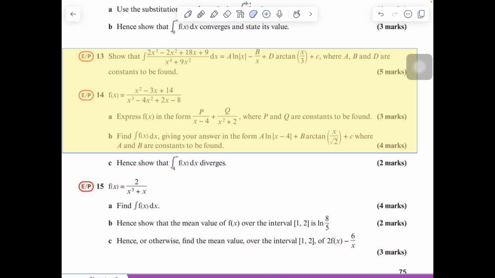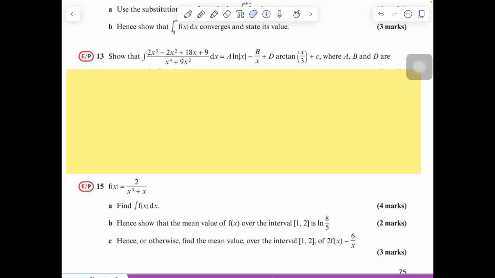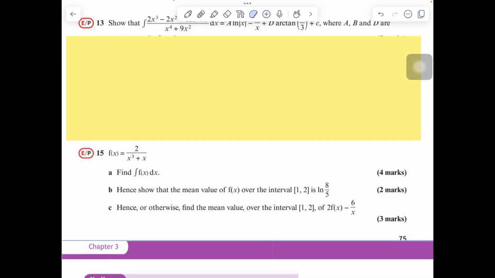And yeah, this is the same. You will do that. And number 15, let's do that. So this is the same. Here, 2 over x times (x squared plus 1) is a over x plus (bx plus c) over (x squared plus 1), because the numerator is always one degree less.